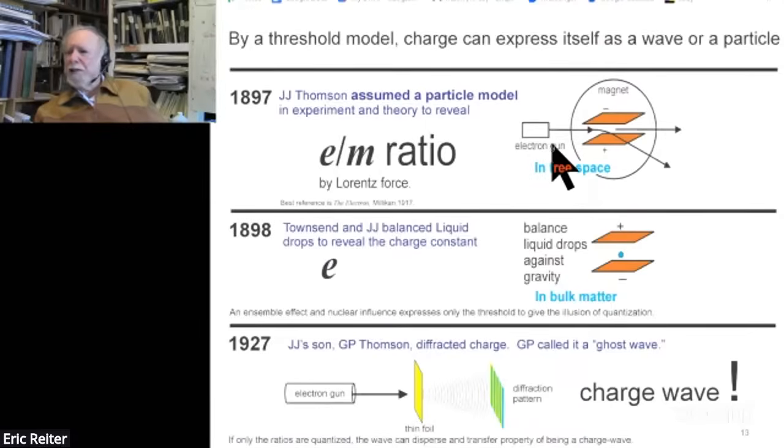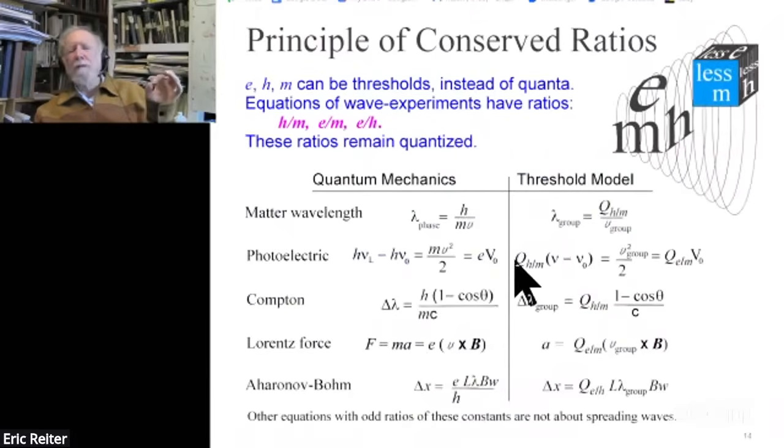And in the ratio, when you do the beam experiments, it's the ratios that are expressed. And when you have a large ensemble, it's the threshold that gets expressed. So the threshold model is about understanding when the equations are describing wave properties or particle properties.